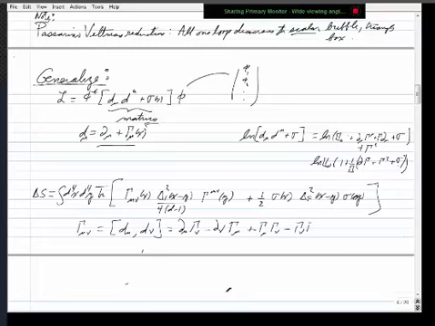I get my same old thing, del squared Feynman propagator of x minus y over 4 d minus 1 gamma mu nu at y. And then there's a sigma piece. It's just plain old the propagator with nothing else. It's the scalar propagator squared, because that was a scalar.